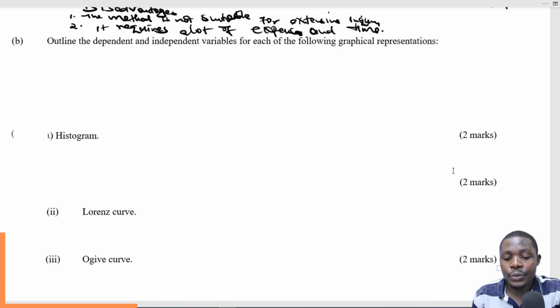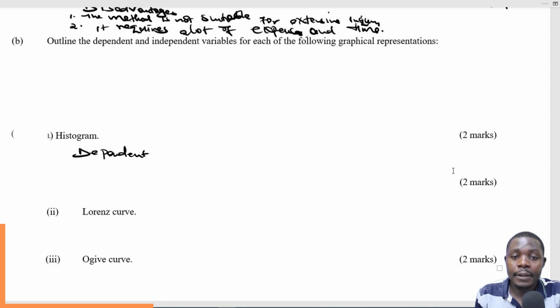We are just going to mention what the dependent and independent variables are. For the histogram, we have the dependent variable and the independent variable.